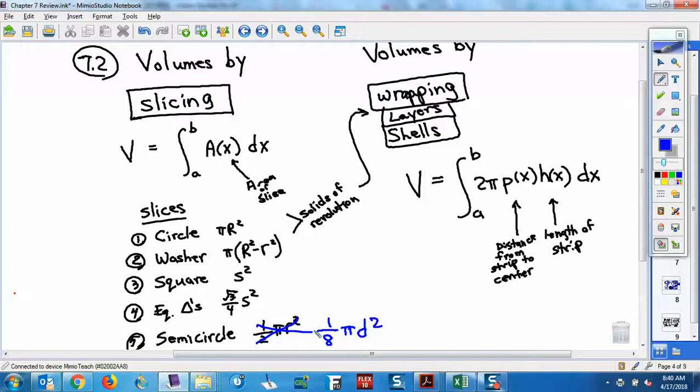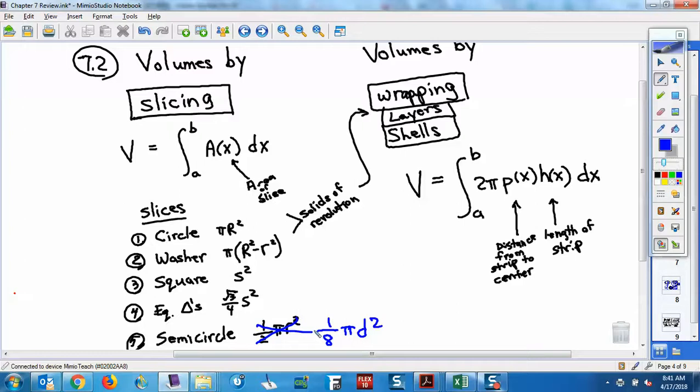Now, we had an alternate version for the top two, right? If you had a disc, circle, or a washer, because it was a revolved solid, so you have these circle type slices, you could do shells or the layers. And that was 2 pi times p times h. Now the 2 pi we typically kicked outside. And p was the distance from the strip to the center, and h was the length of the strip.